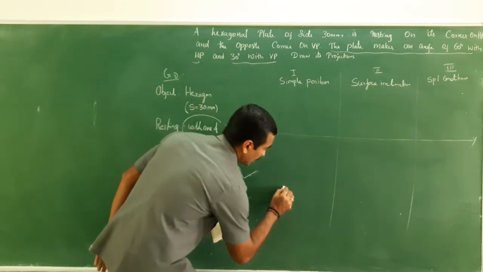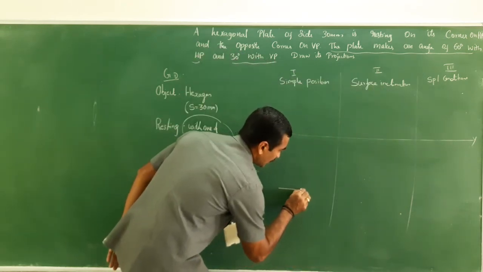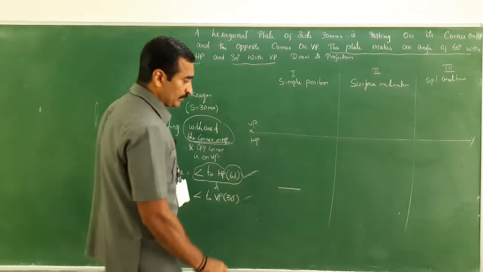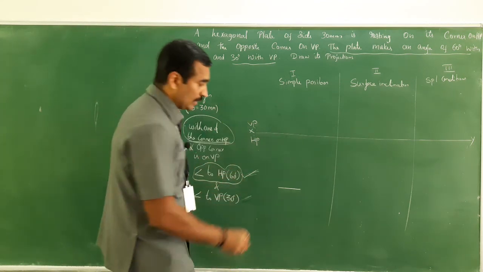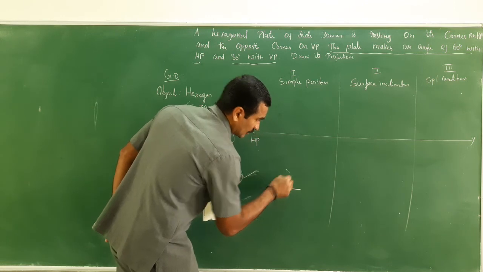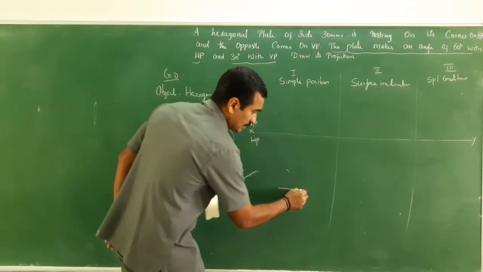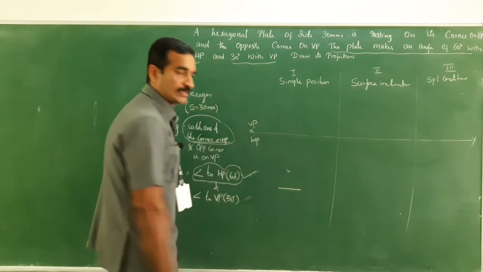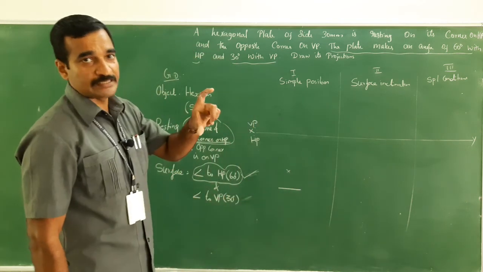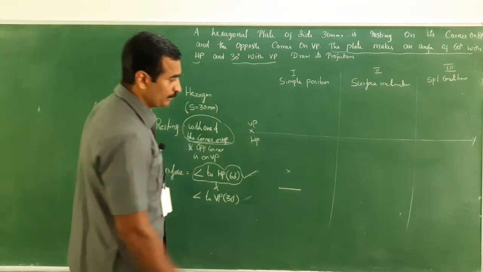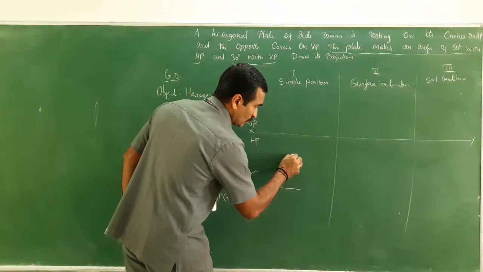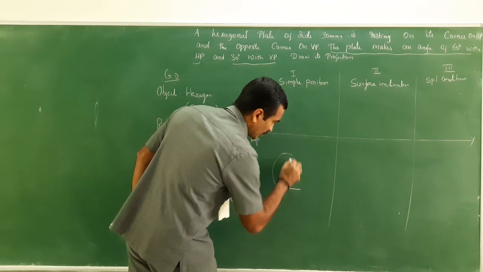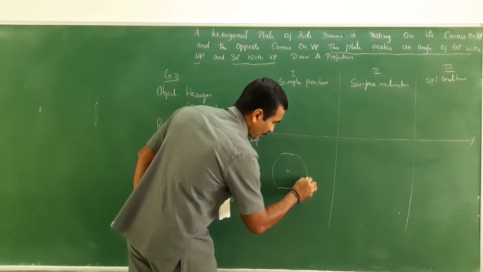In that scenario, let me draw the side of 30 mm. Now take 30 mm in your compass, keeping at one end, cut an arc. Similarly, keeping at the extreme point, cut an arc. Now this is the center. Without changing the radius of 30, keeping this as center, draw a full circle.